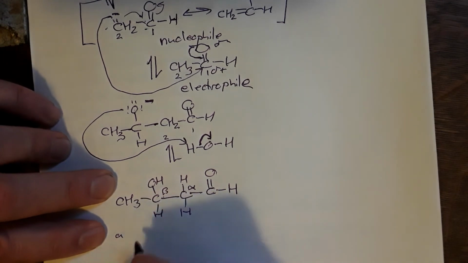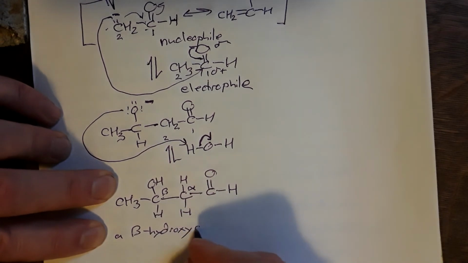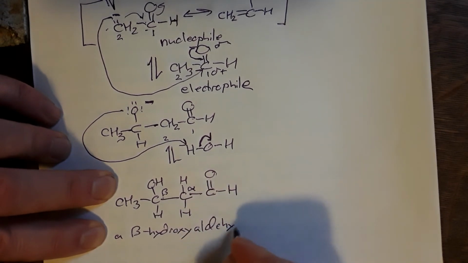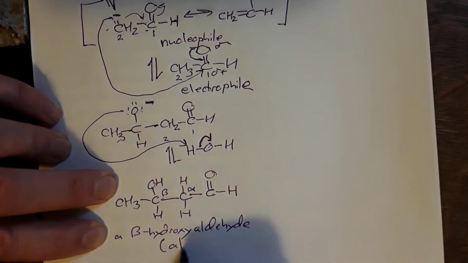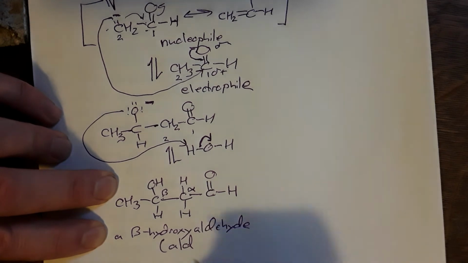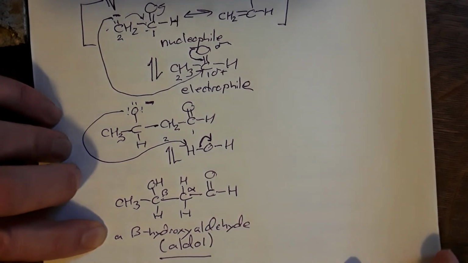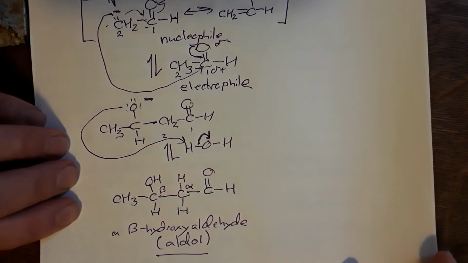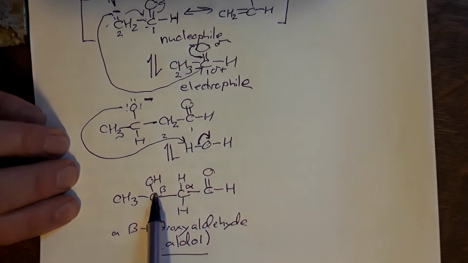So this original product is a beta hydroxy aldehyde, something that has an aldehyde functional group and an alcohol functional group. It is an aldol. This is where the name of the reaction comes from, aldol reaction. It's forming originally an aldehyde and alcohol, and the alcohol is always on the beta carbon.